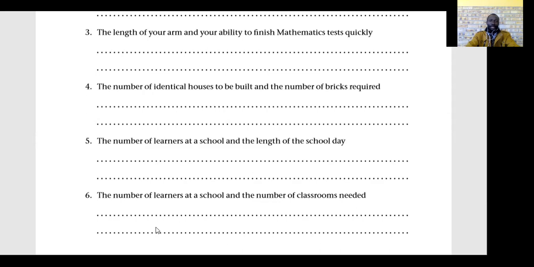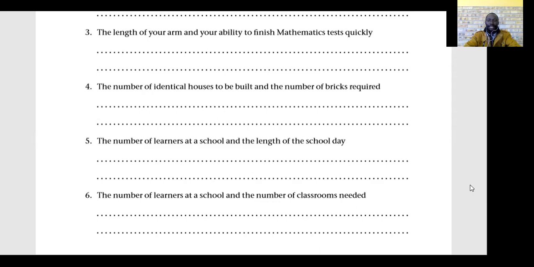Now in the next question, which is question 6, you have the number of learners at school and the number of classrooms needed. Also identify the quantities. After identifying the quantities, the next thing is to say which one is a constant quantity and which one changes with time, or which one changes relative to the other.